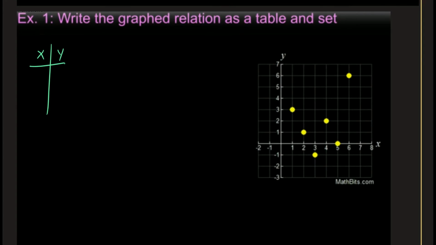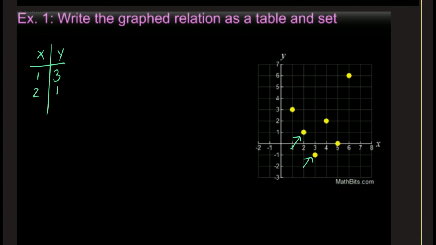So our first point, I'm looking at this one here, is 1, 3. Then we have right here 2, 1. Then I'm just reading these left to right. Because this is just a random assortment of points, it really doesn't matter in what order you list them in the table.